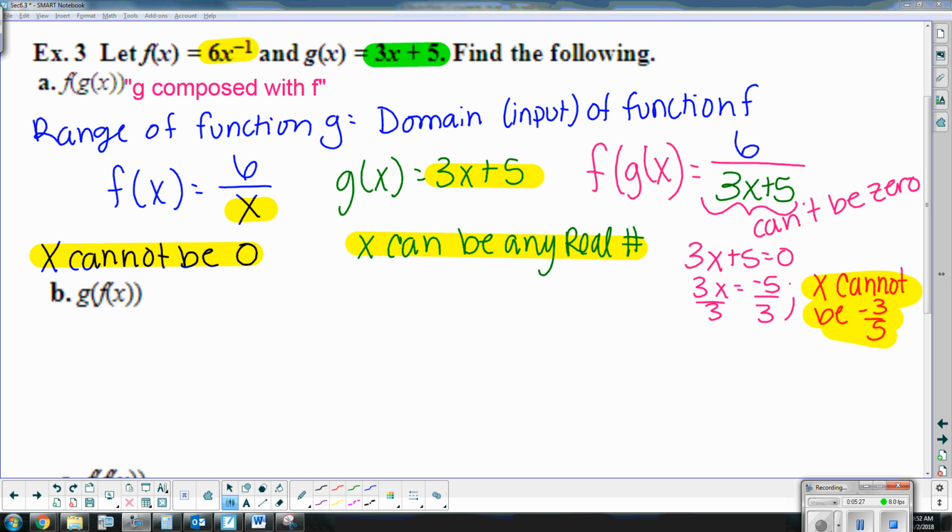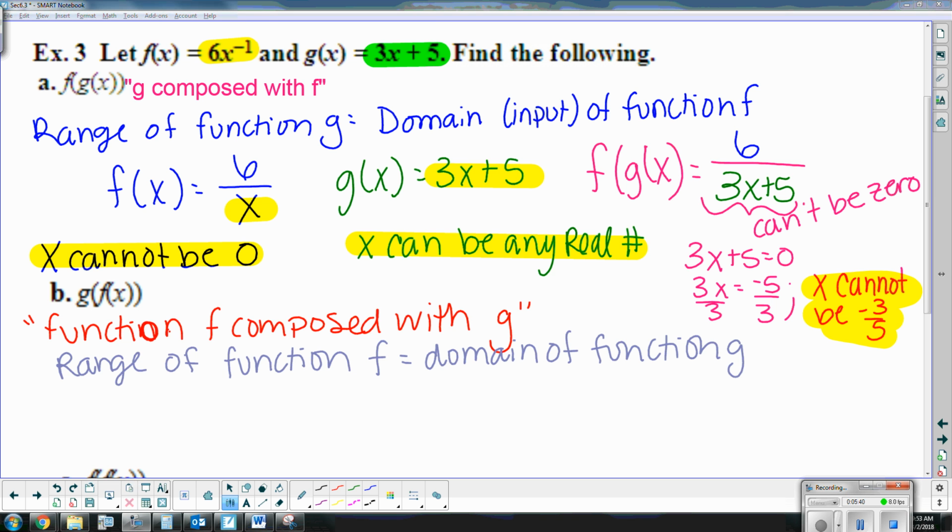So using those same functions, g of x is 3x plus 5 and f of x is 6 to the negative first, let's look at the function f composed with g. In this function, the range of function f becomes the domain of function g. So here we're going to compute f of x first, and that's going to be our input for the function g.